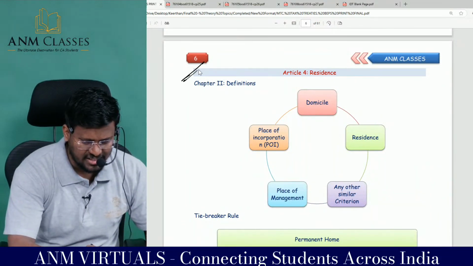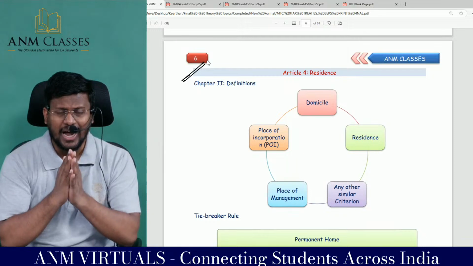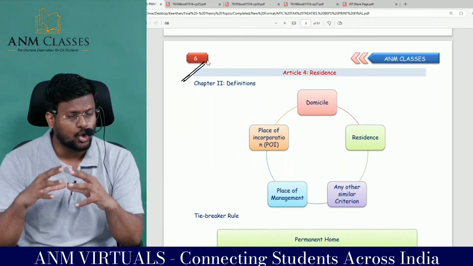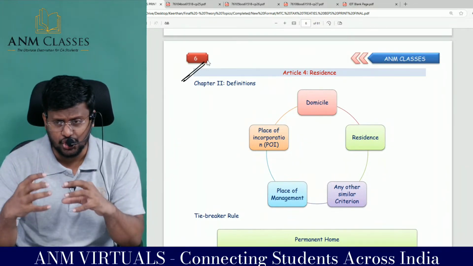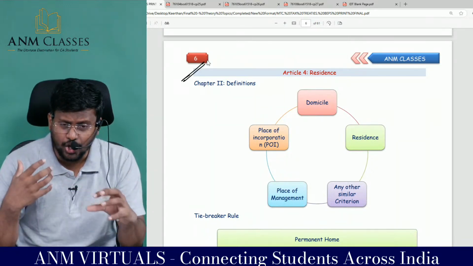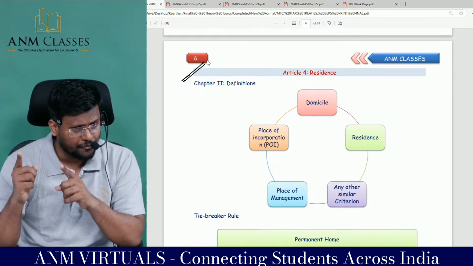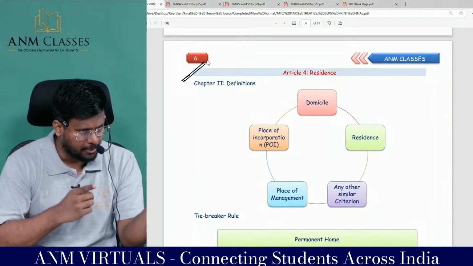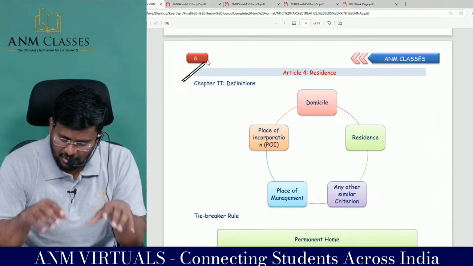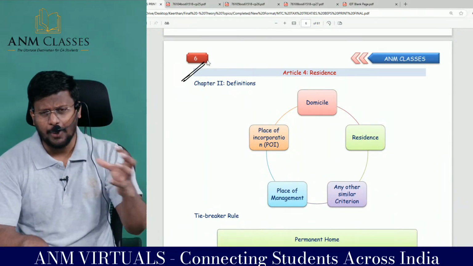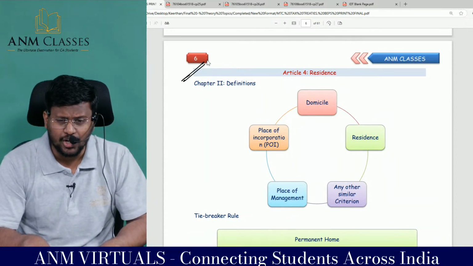What this residence is saying, my dear lovable students, is that as per Article 1, in order to enjoy the benefit of the double taxation avoidance agreement, you should be a resident of either country. Either you should be a resident of country A, or of country B, or of both the countries. Sir, what problem arises if they are resident of both the countries?